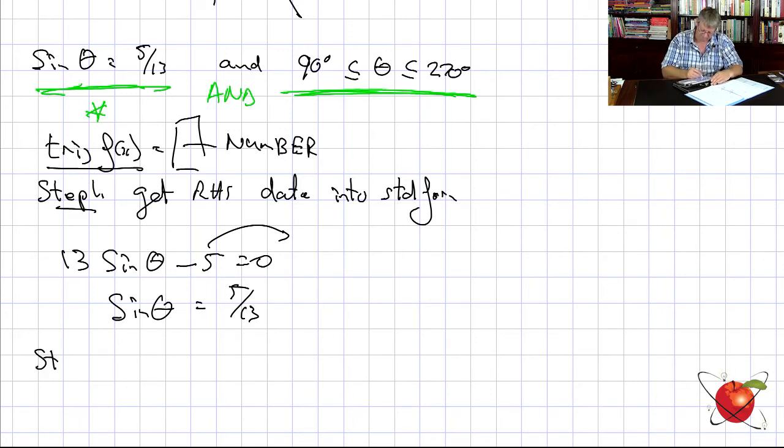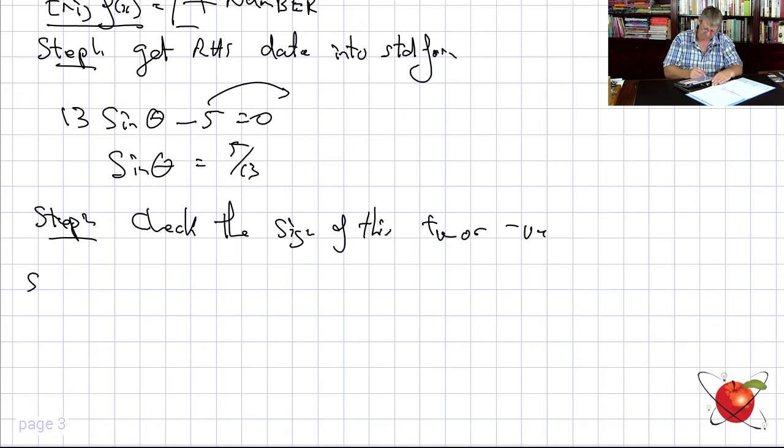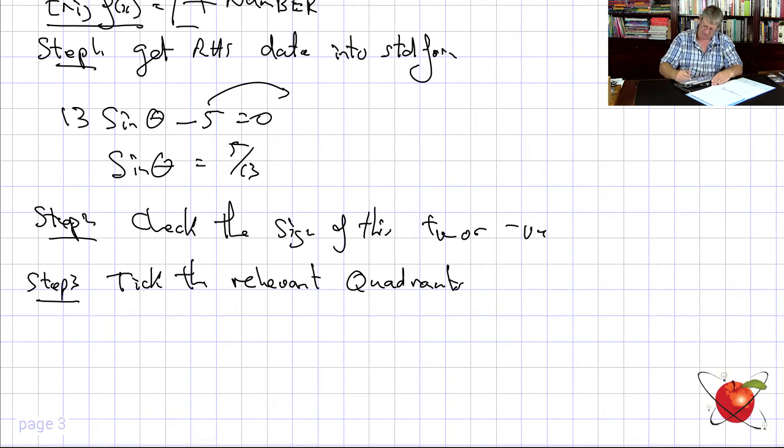Step 2: check the sign of this. Is it positive or negative? When you've got the sign, step 3: tick the relevant quadrants.